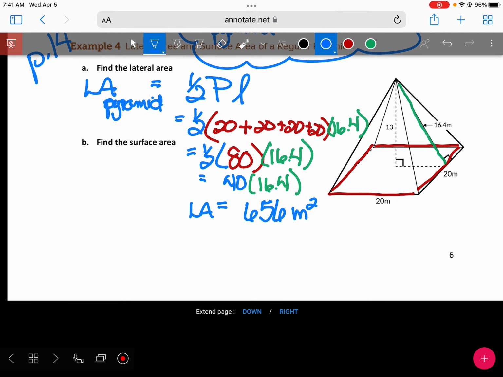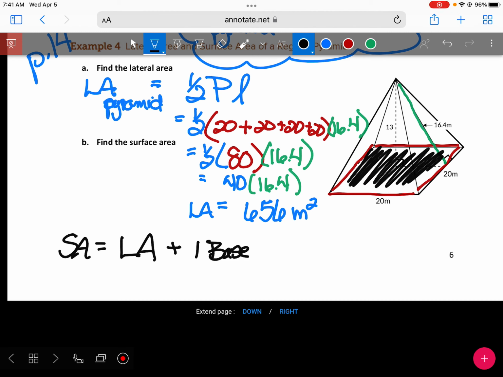So my surface area then is equal to the lateral area, all the sides, plus one base, because it comes to a point. So there's no base at the top. And this here at the bottom is a square. The area of a square is side squared.